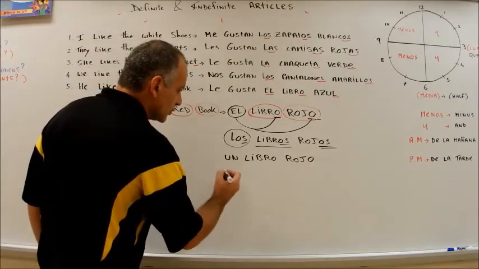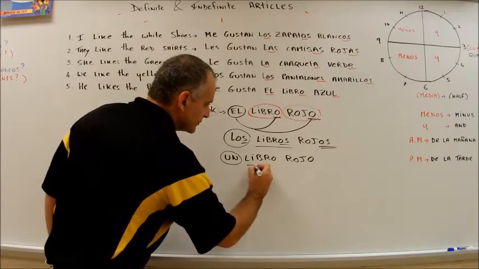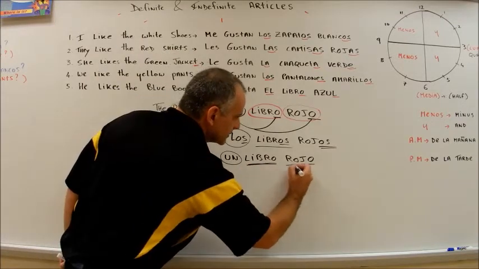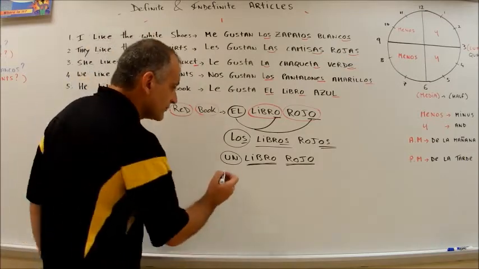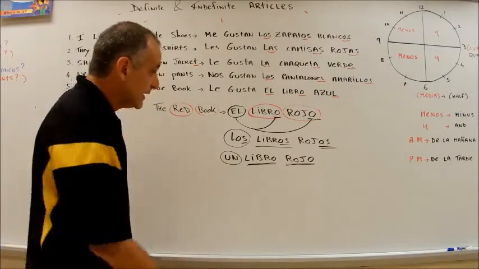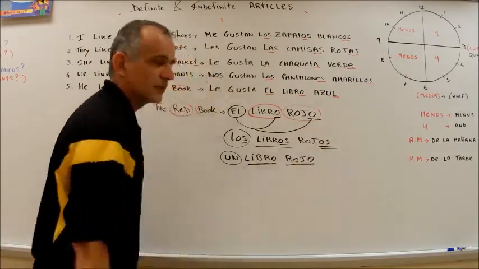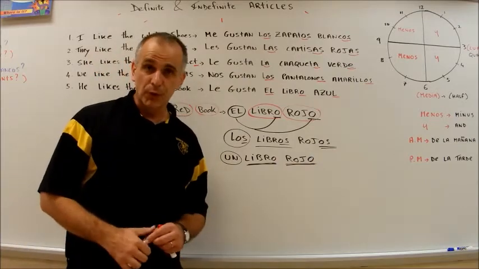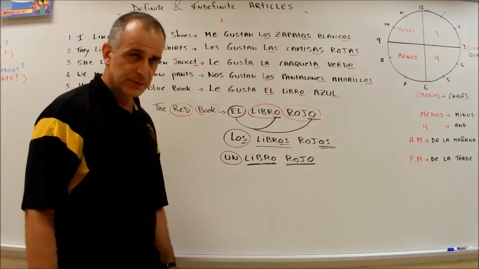So, un libro rojo, right here you have your indefinite article, right here you have your noun, and right here you have your adjective. You're telling me that the book is red, all right? And you're going for un without the o because it's masculine singular. You define the gender of the book, which is O, and then you define the color, which is O as well. Being a boy, being masculine, the masculine gender goes all the way through, okay?